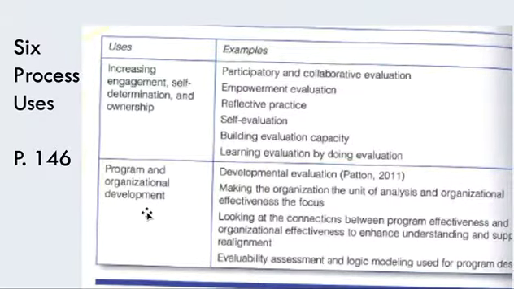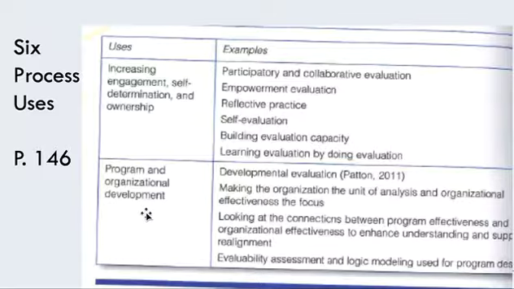The last process use is program and organizational development. We talked a little bit about developmental evaluation. So this type of process use really does help with developmental evaluation. So the organization is the unit of analysis, and organizational effectiveness is the focus.